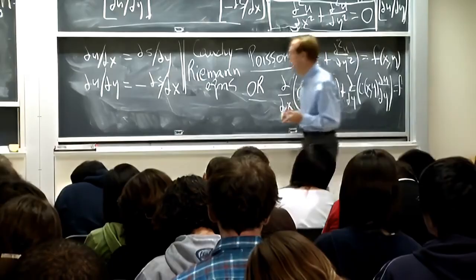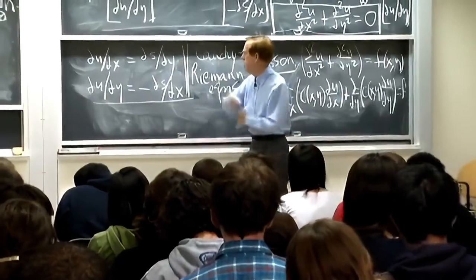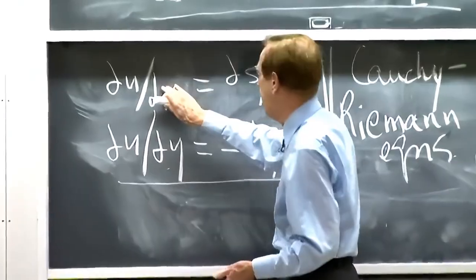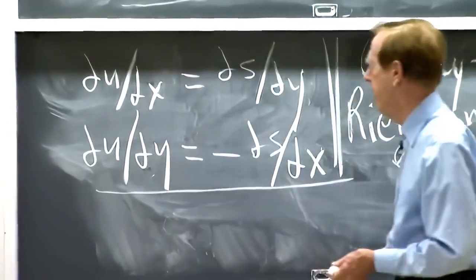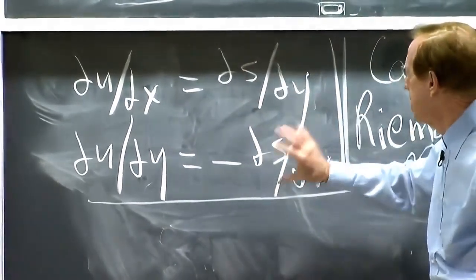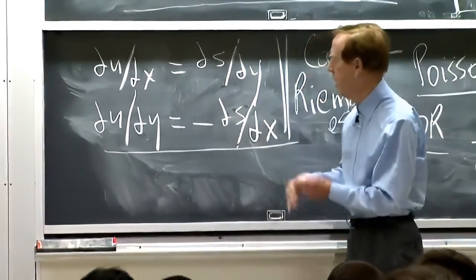Can you see that u will satisfy, and this is the key to everything, Laplace's equation? Sure, I take the x derivative of that and add the y derivative of that. Do you see it works? The x derivative of this plus the y derivative of this is exactly the cancellation of the cross derivative that I wanted.